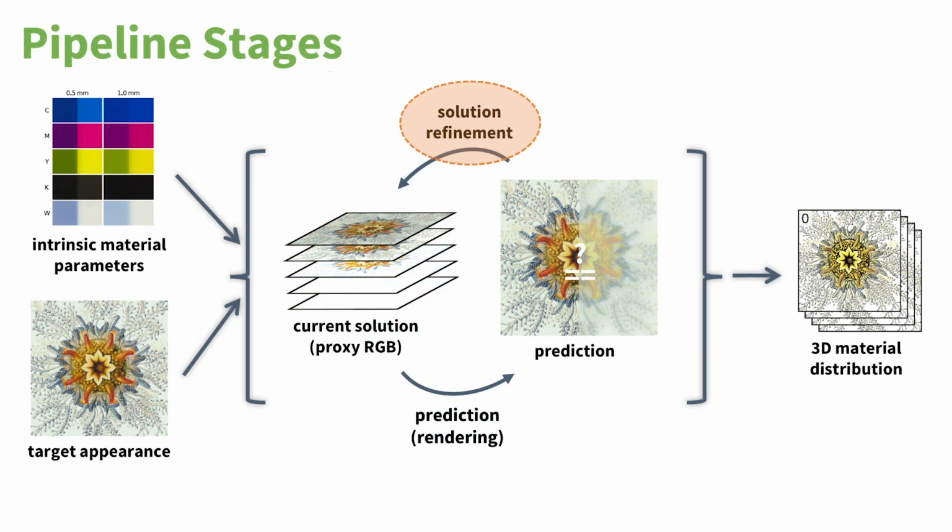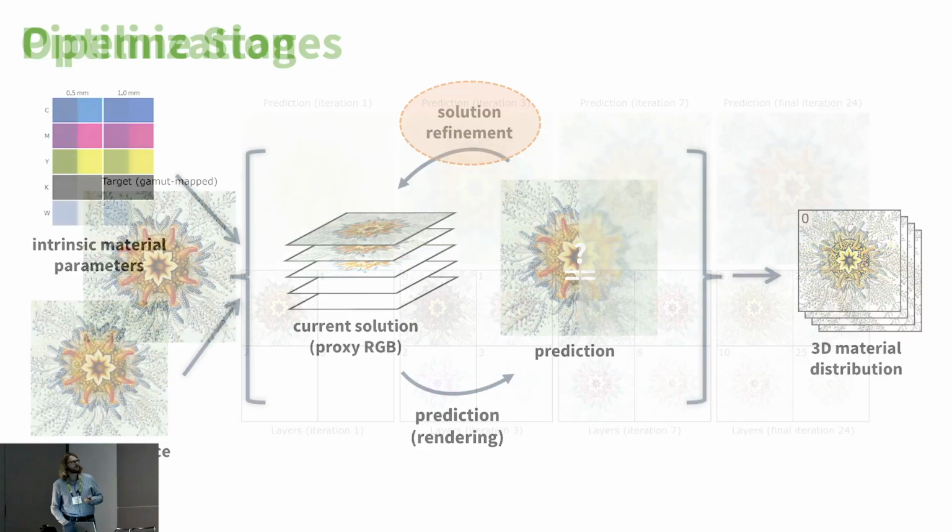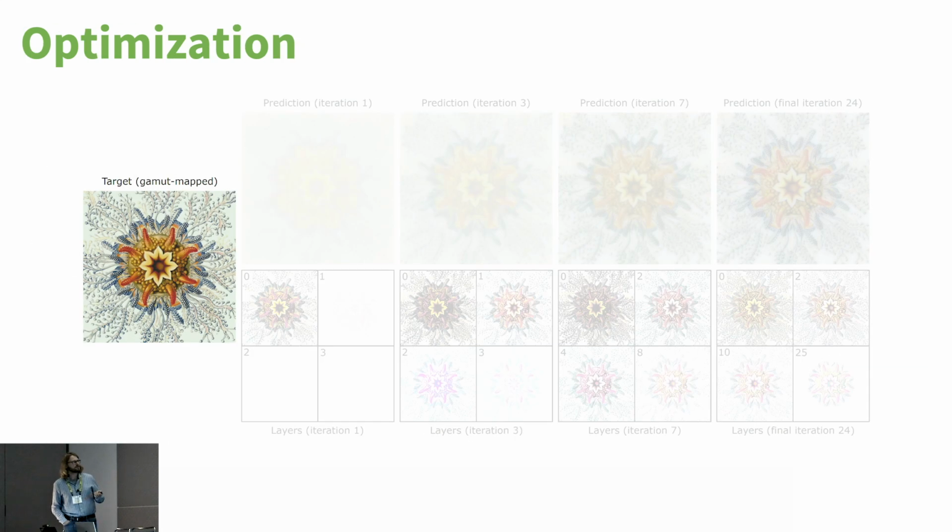Okay, so as I said, the important step is this prediction, that's the rendering step, and then the solution refinement. We have some heuristics for this that I will not talk about here, and this is the process as it runs. So you start with some guess where we just take the texture and put it in the top layer of the 3D print, and we leave the whole volume of the 3D printout white.